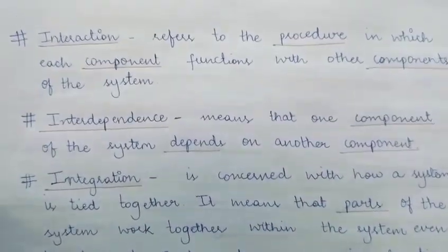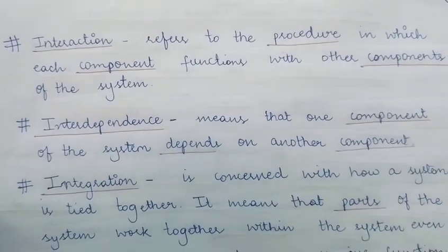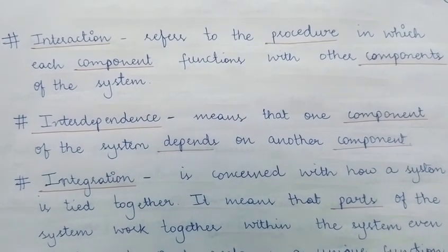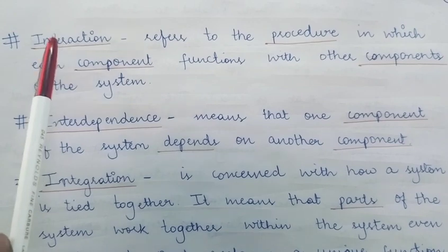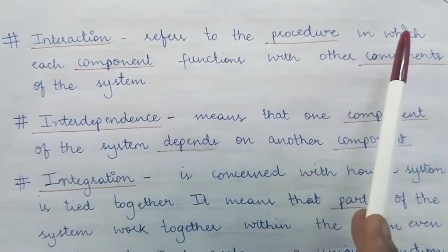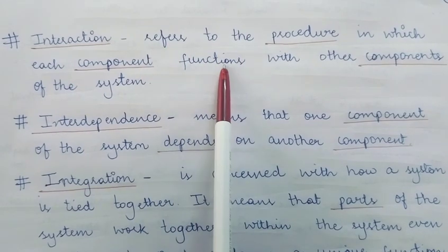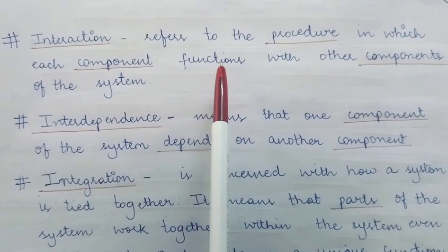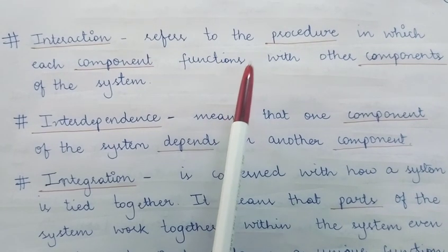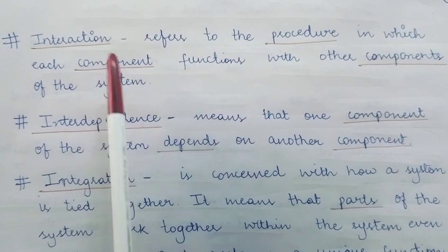Another characteristic of the system is interaction. Interaction refers to the procedure in which each component functions. When I say the components function together with each other, how will they function? They will function by interacting with each other.